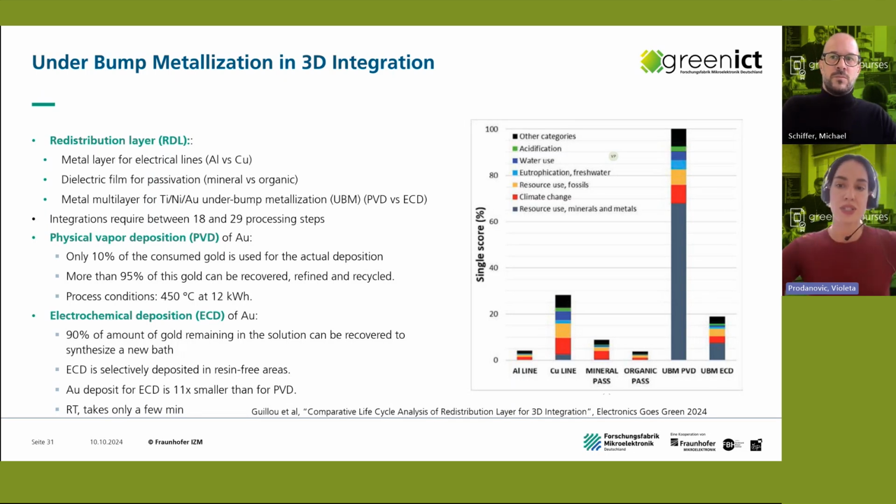Based on these results, the most environmentally friendly combination would be use of aluminum line, organic passivation, and underbump metallization, which is deposited by ECD. In this case, this combination has 76% better result compared to the combination of the other materials. So where does this stem from?